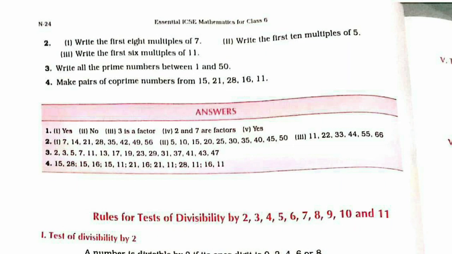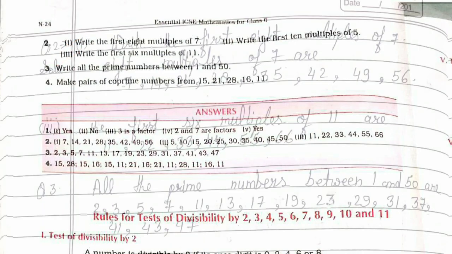Now question number 2, first part. Write the first 8 multiples of 7. For this we will write all the numbers which come in the table of 7, the first 8 numbers. And in part 3 he is asking to write the first 6 multiples of 11. The same procedure we will follow in this.